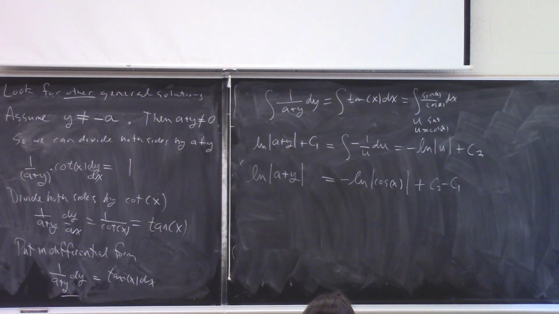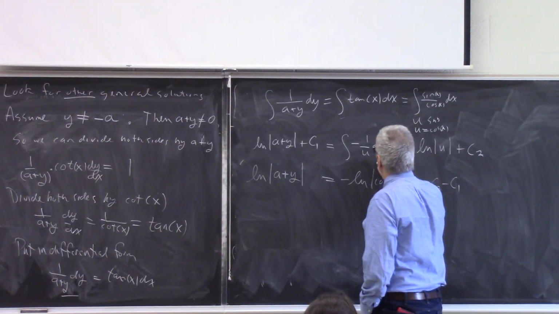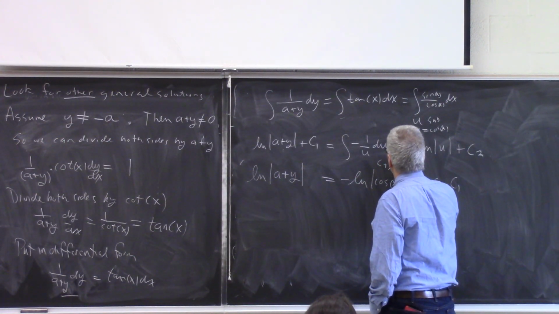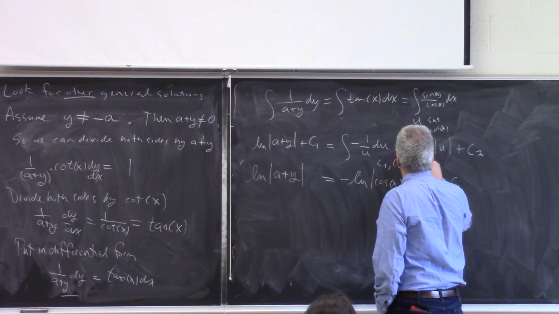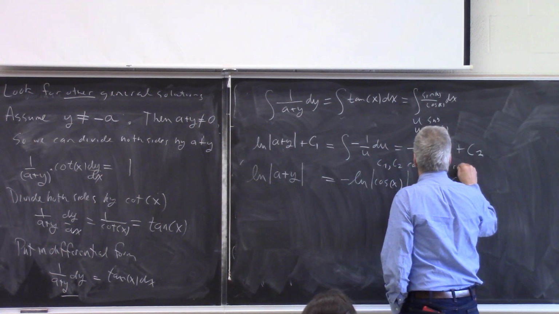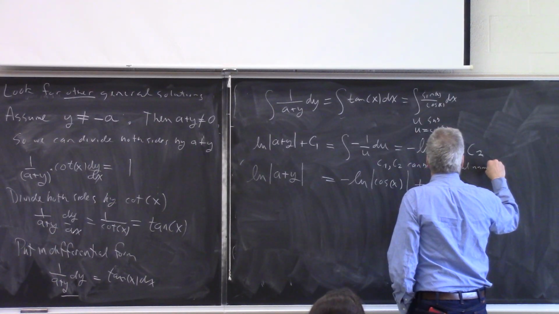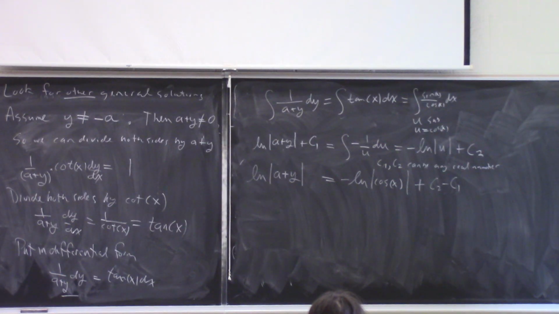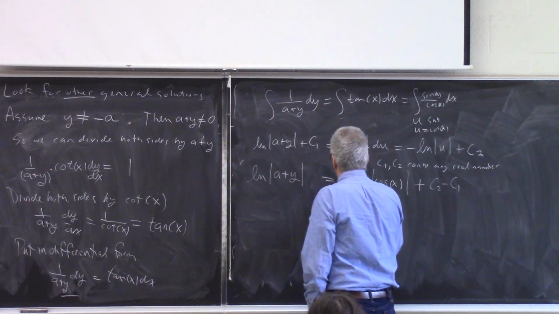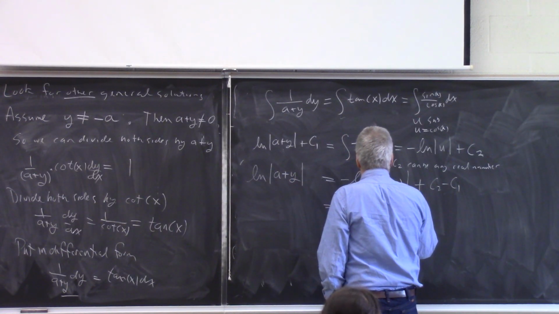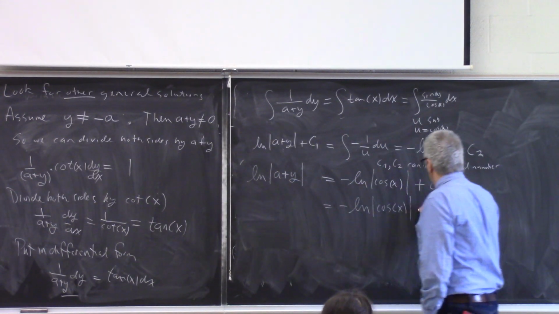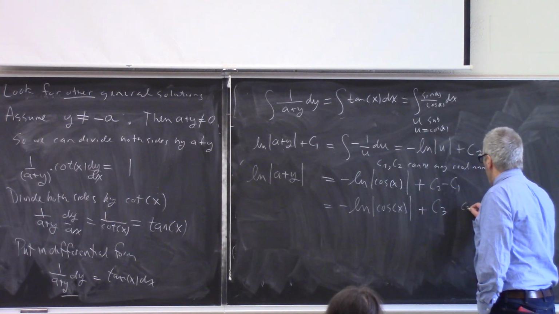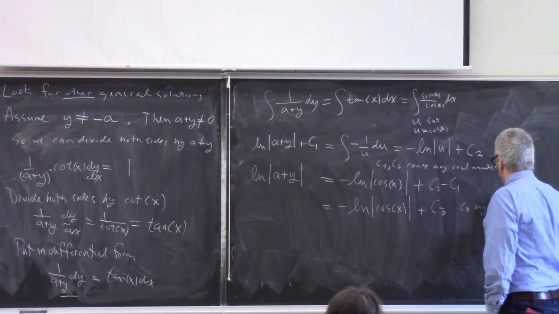But C1 and C2 can be any real number, so C2 minus C1 also has the capability of being any real number. So I can write this as minus ln of absolute value of cos x plus some number C3, where C3 is any real number.